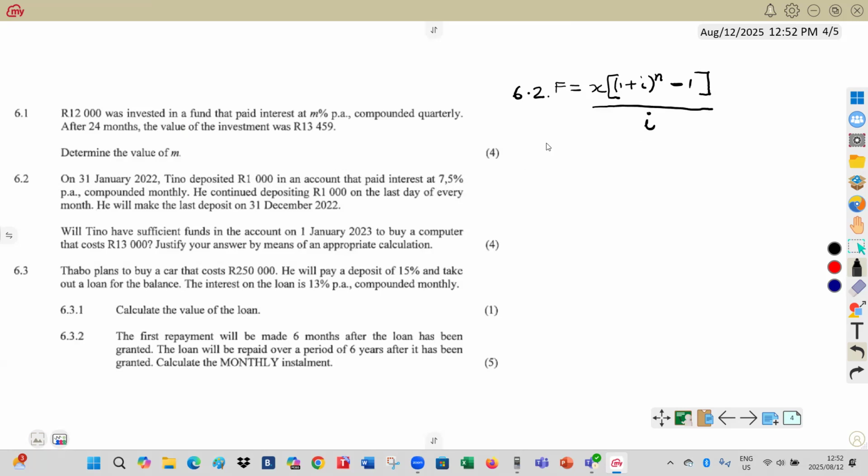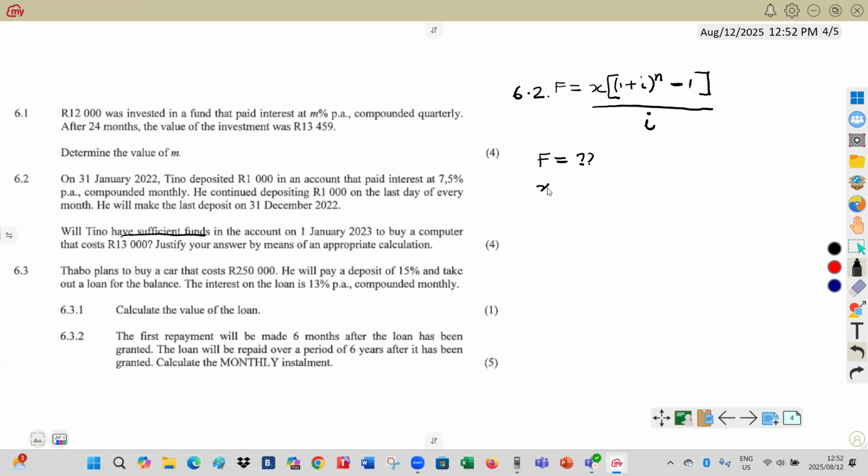So what is F? We do not know the future value because the question is asking, will the person have sufficient funds? Meaning we want to check the future value, the amount that you will have. So F is the one which is missing.